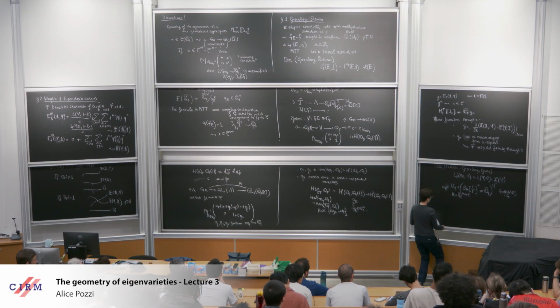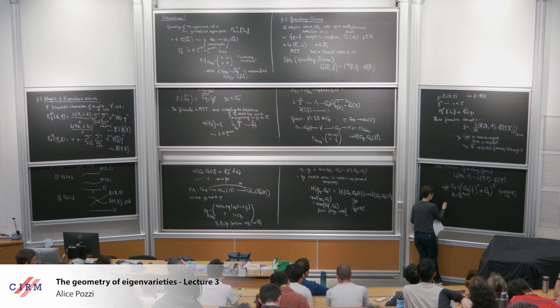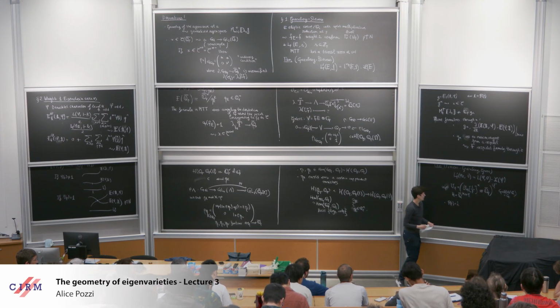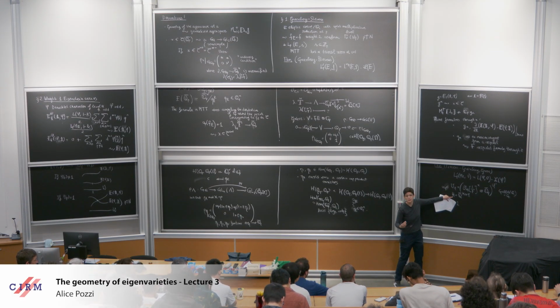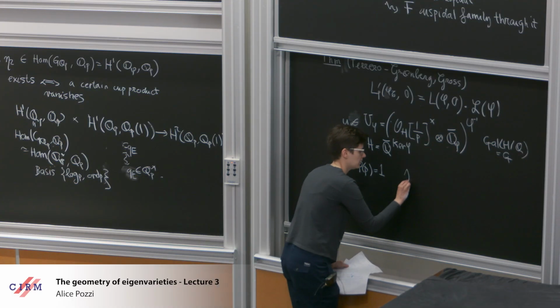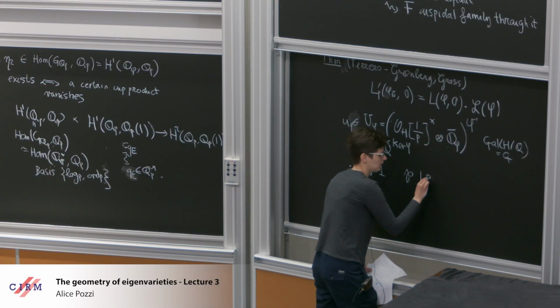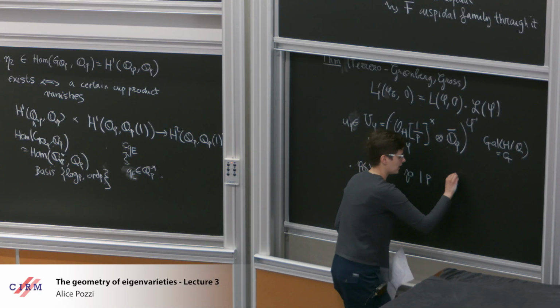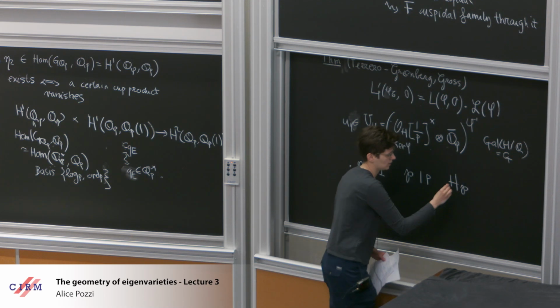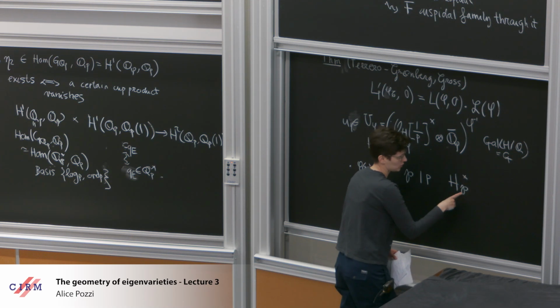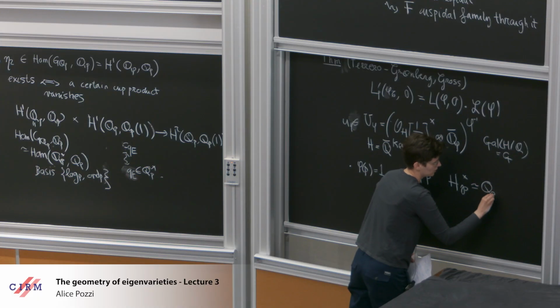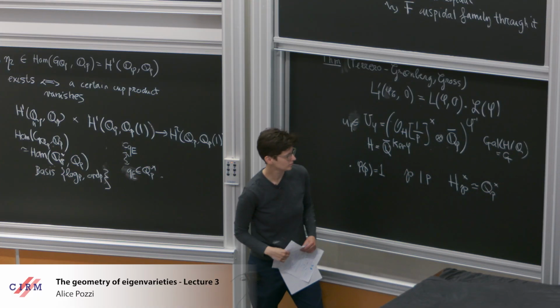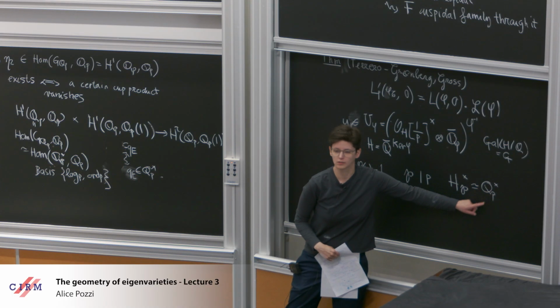In order to do that, I'm going to notice that the condition phi(p) equals 1 implies that p splits completely. So I'm going to take a prime P above p, and I'm going to identify H_P, the completion of H at P, with Q_p.